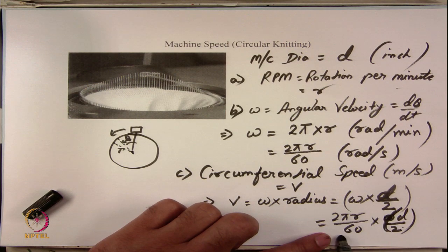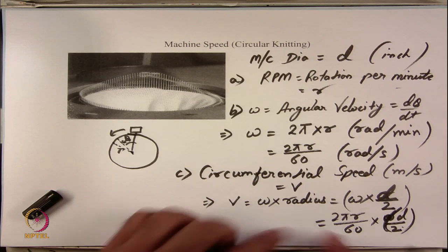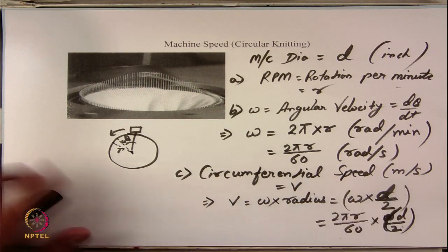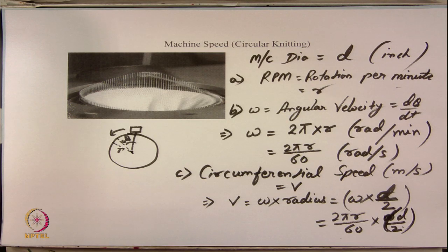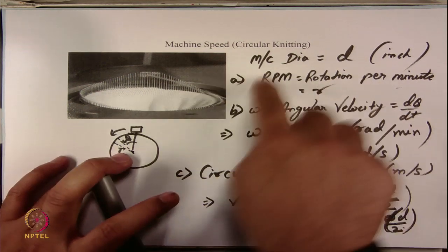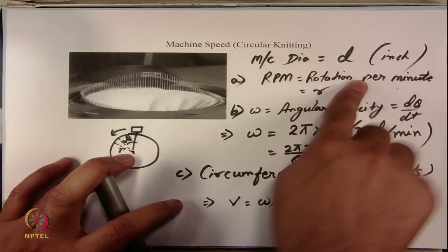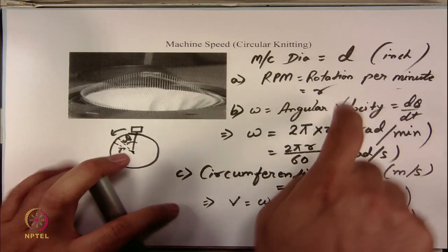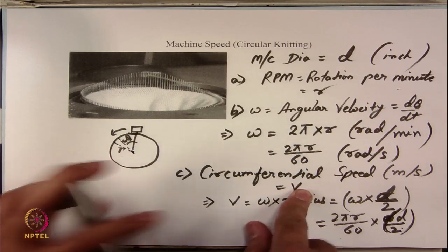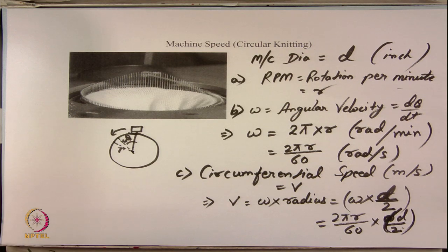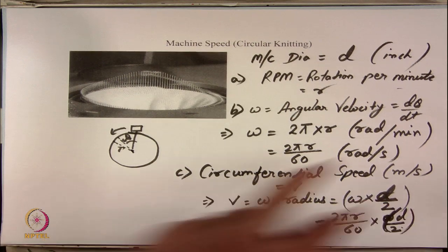So, V equals 2 pi R by 60 into d by 2. This is the relation of circumferential speed. In reality the most commonly used is RPM. With the help of RPM we can find out the angular velocity as well as the circumferential speed. Let us see one simple example.